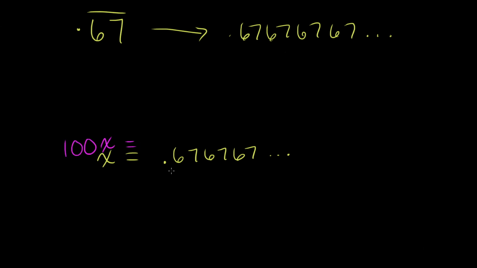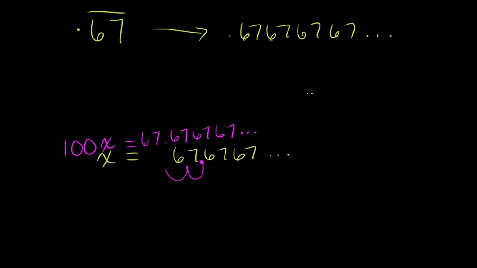So that means this is going to go here and then here. So there's our new number. Let's get rid of this one. Our new number for 100x is going to be 67.676767, etc. Now we just realign these to make our subtraction a bit easier.